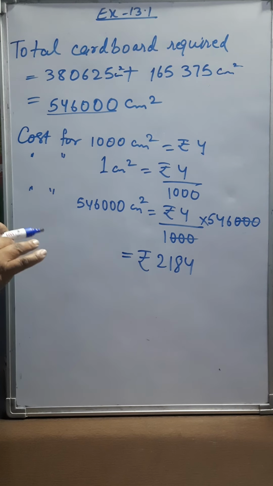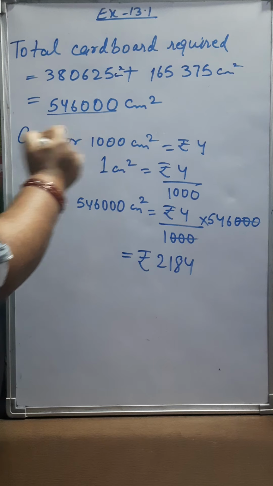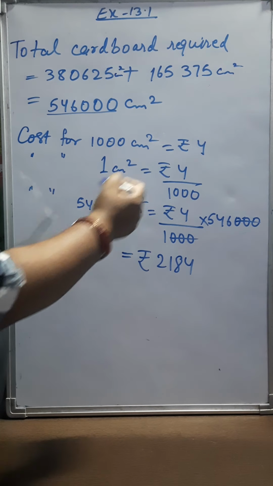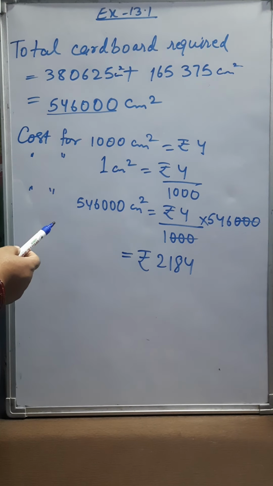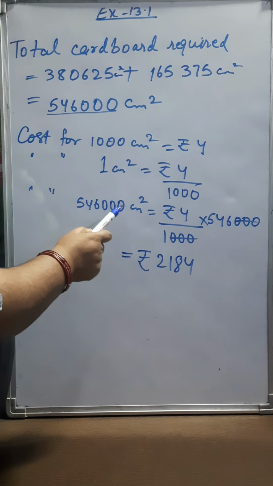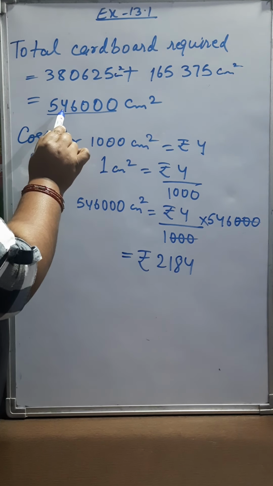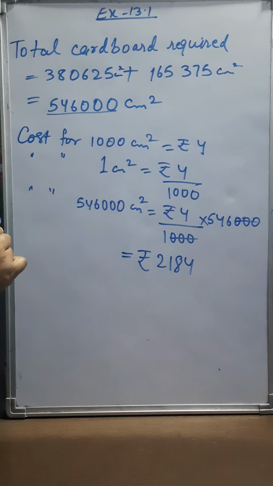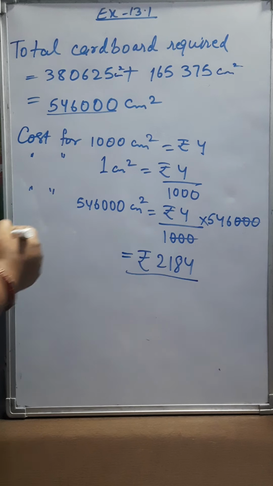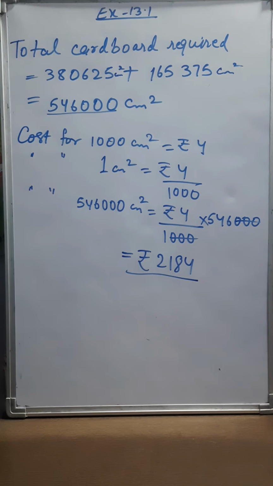So now, according to the question, the cost for 1000 centimeters square of cardboard is given as rupees 4. So by the unitary method we can calculate the cost for 1 centimeter square is rupees 4 divided by 1000. We have to calculate the cost for 546,000 centimeters square. So we will calculate it and we are getting rupees 2184 is required for making all such boxes.